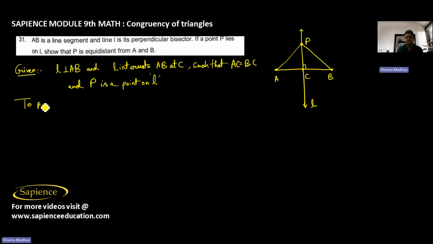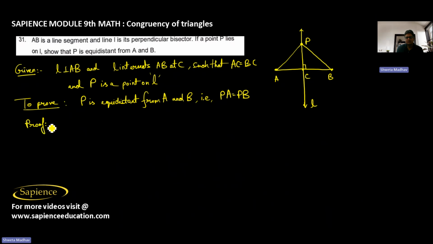So we have to prove that P is equidistant from the points A and B, which means PA should be equal to PB. That I have to show.